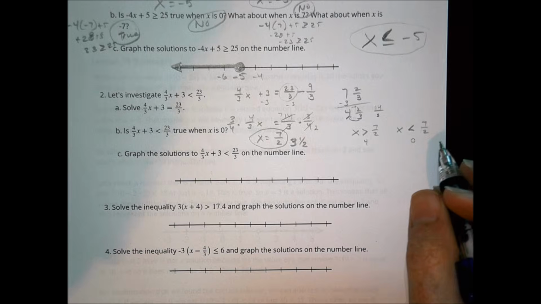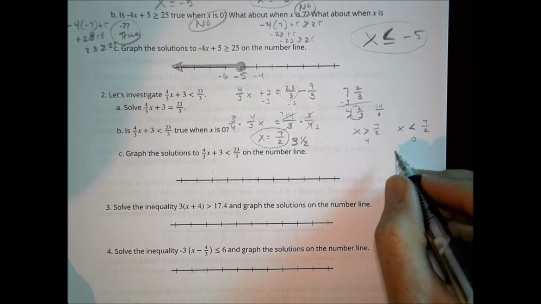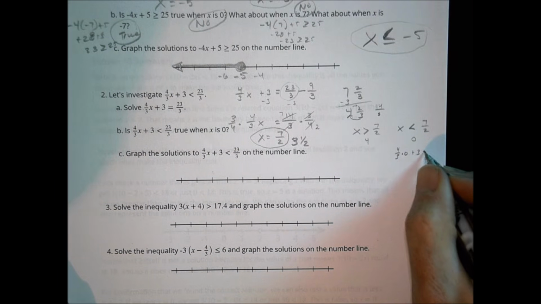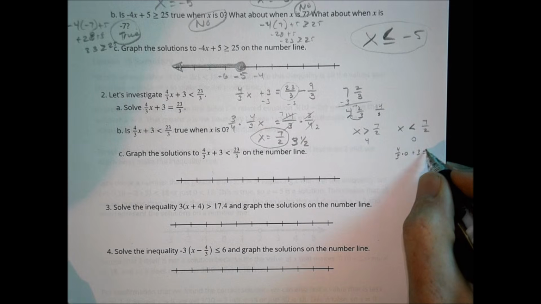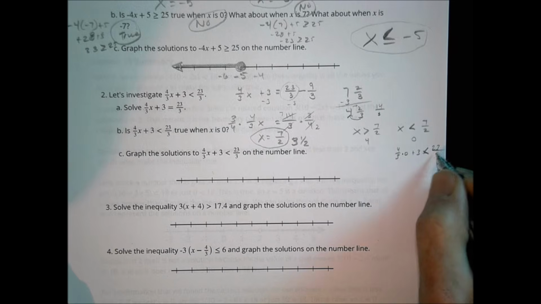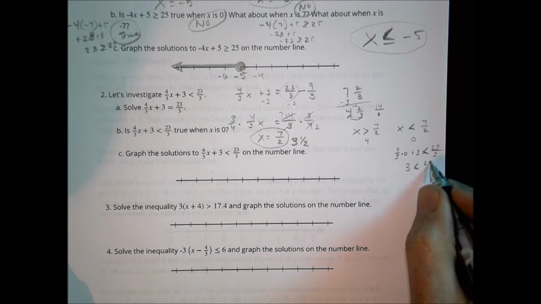So we have 4/3 times 0 plus 3, is it less than 23/3? That becomes 0, so is 3 less than 23/3?